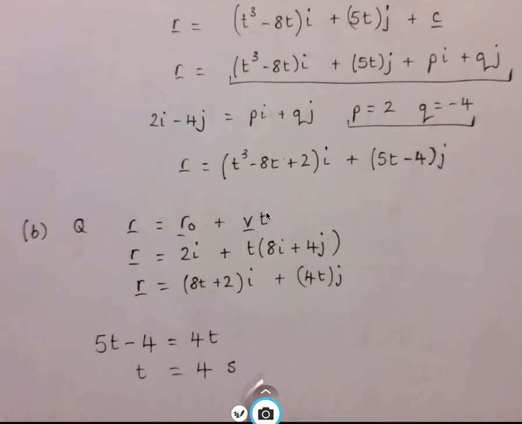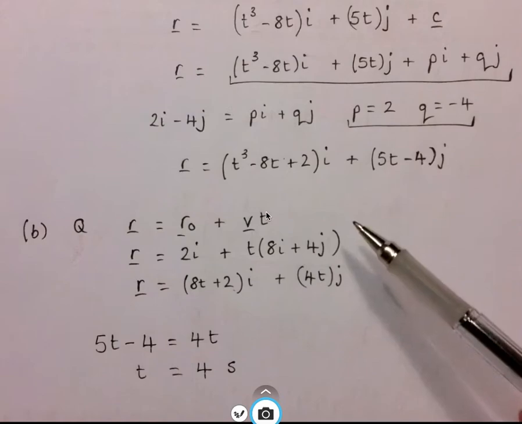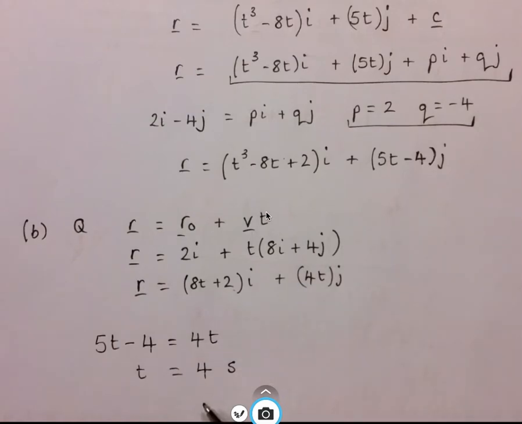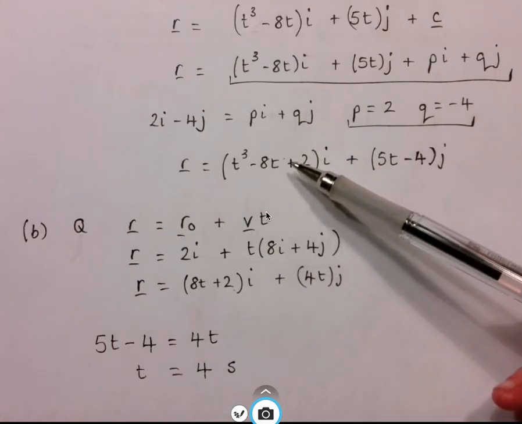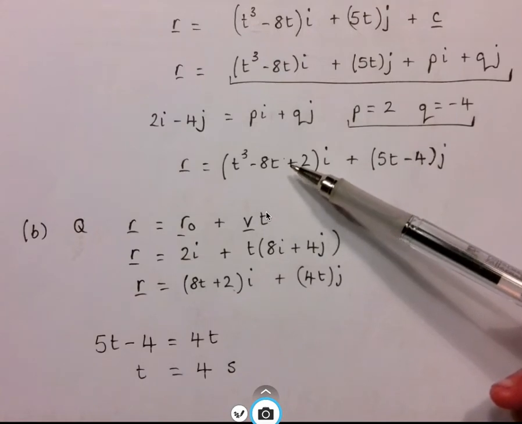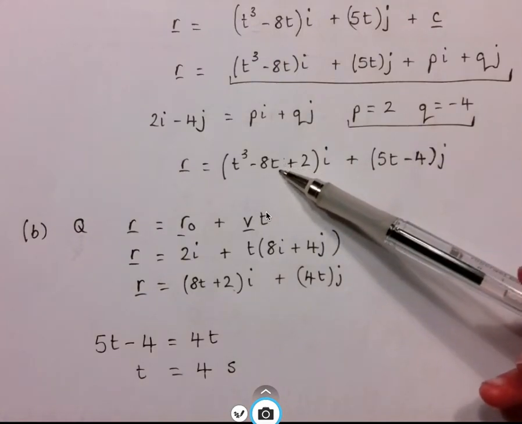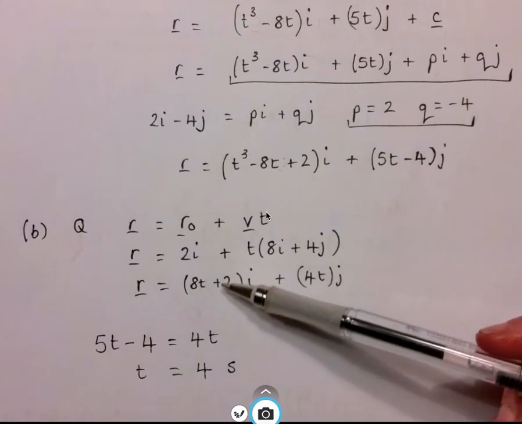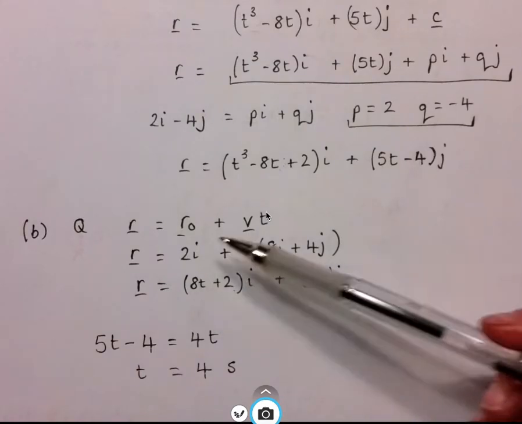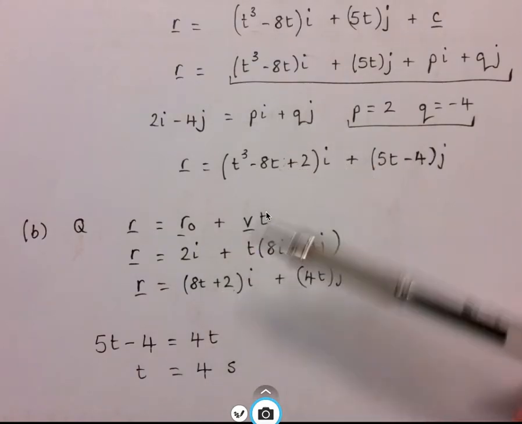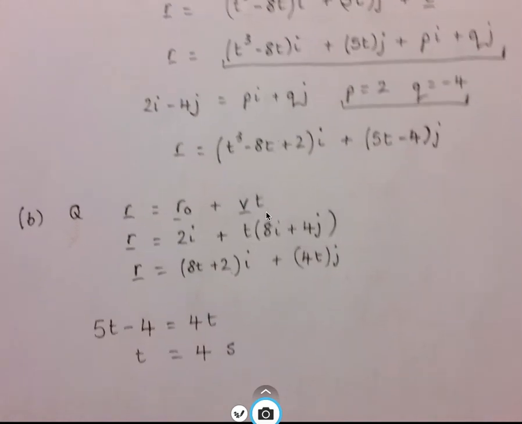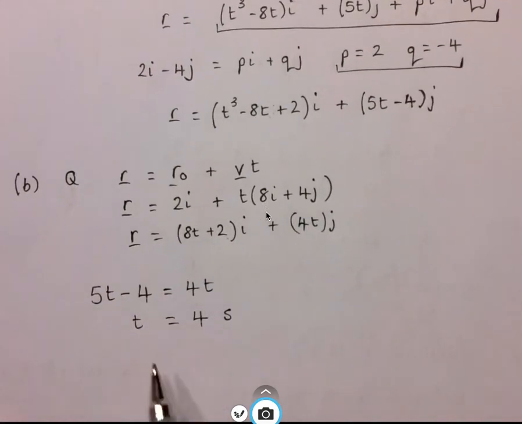So that tells me that P and Q, if they collide, have to collide at 4 seconds. If I was to solve the i equation, I don't know, it might end up I get more than one solution, and I might have a bit more work to check. But in order to show that they collide, what we need to do now is substitute t in to show at t equals 4, where is P and where is Q.